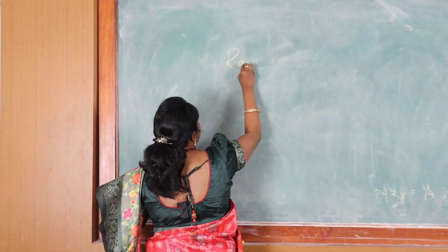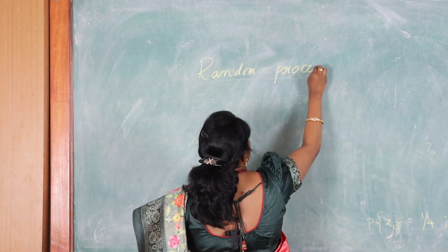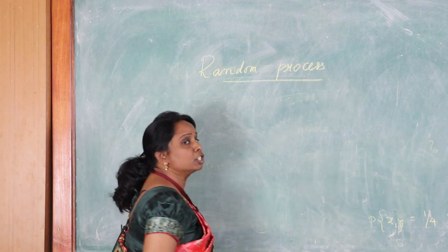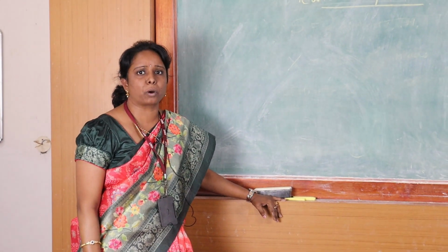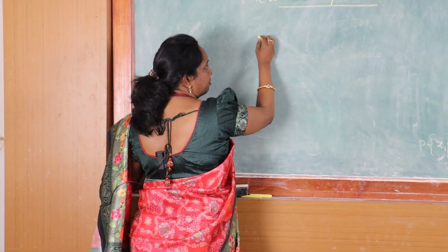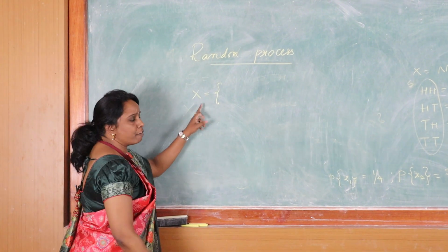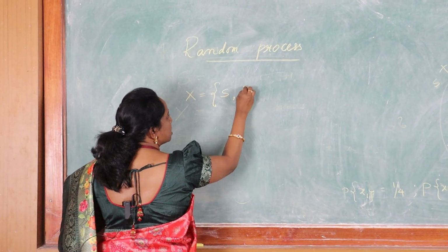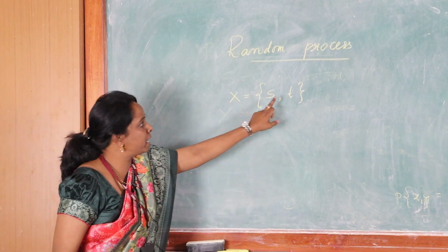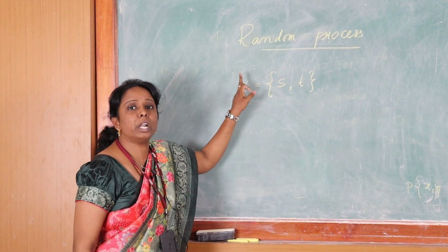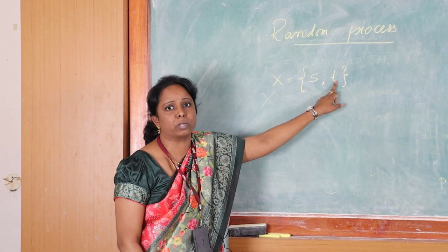The other name for random process is stochastic process. That means if a random variable varies with respect to time, or if a random variable is a function of time, then it is called random process.